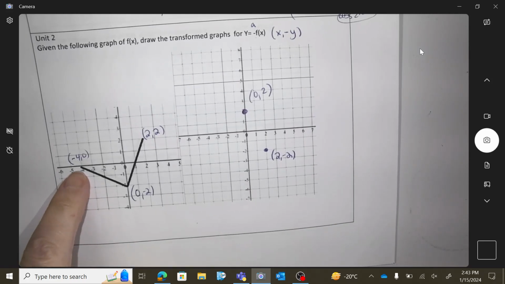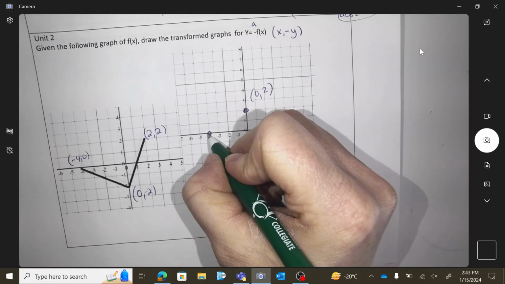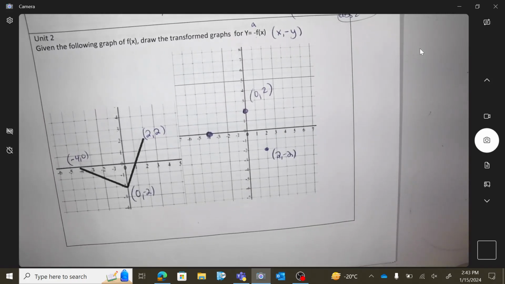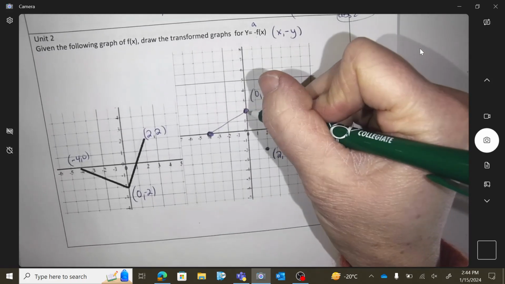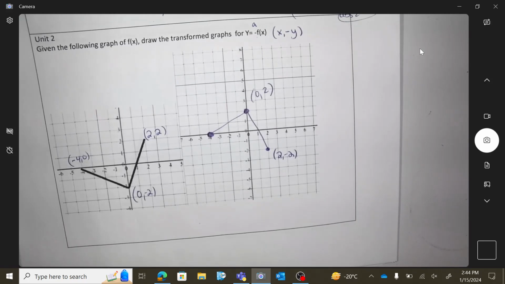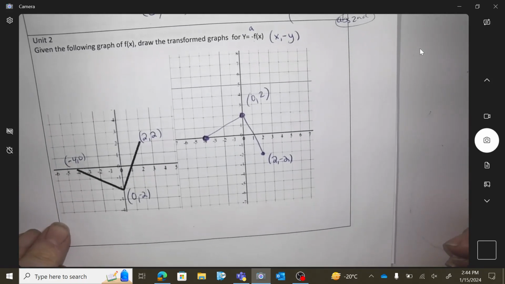And negative 4, 0 would be, what's this word, if I had to use a word? Invariant? Remember that word? Reflection, looking at your reflection.